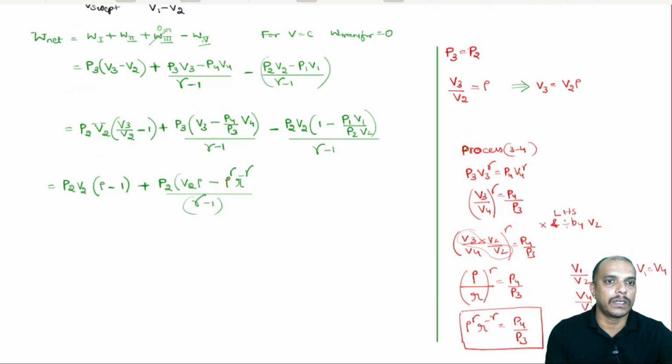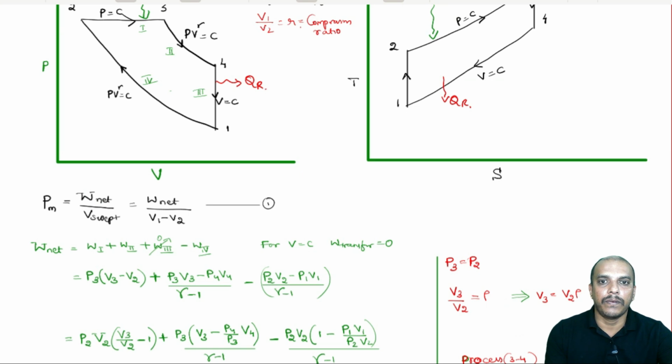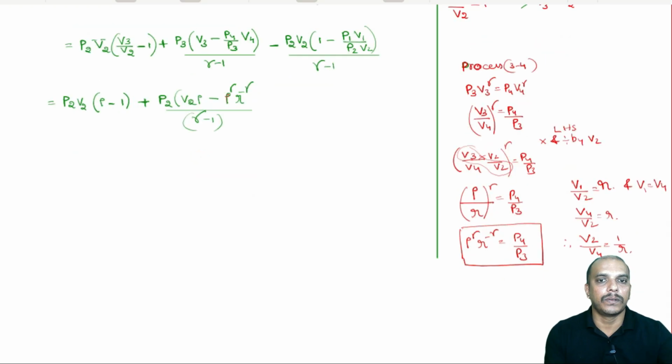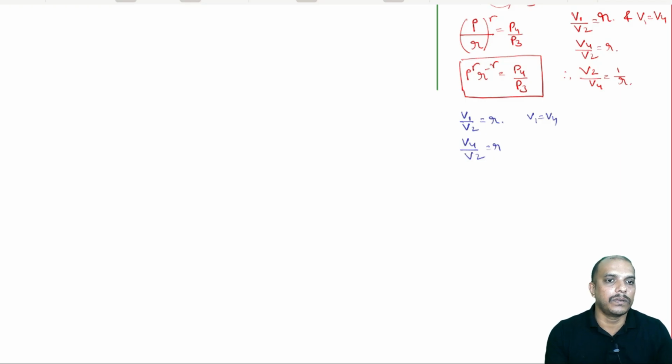Now, V4 is again V1. So, V4 in terms of R we can write. Again here we have V1 by V2 is equal to R, but we are saying that V1 is equal to V4. So, V4 by V2 is equal to R. You can say that V4 is equal to V2 times R.